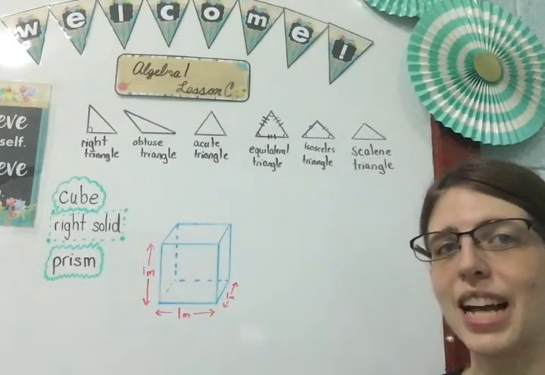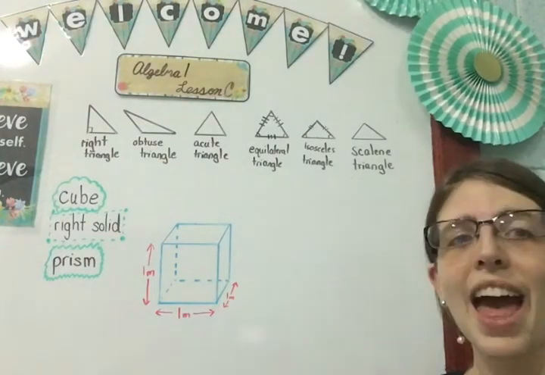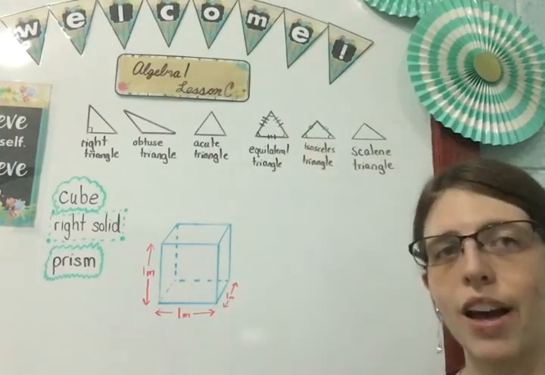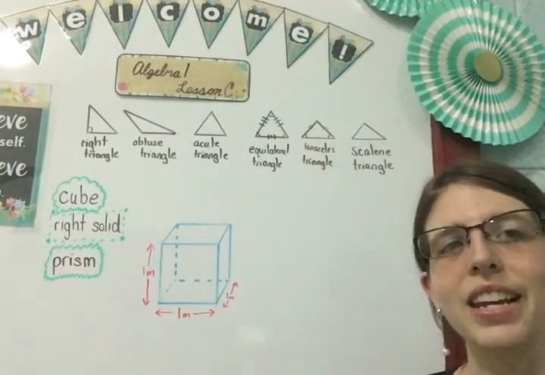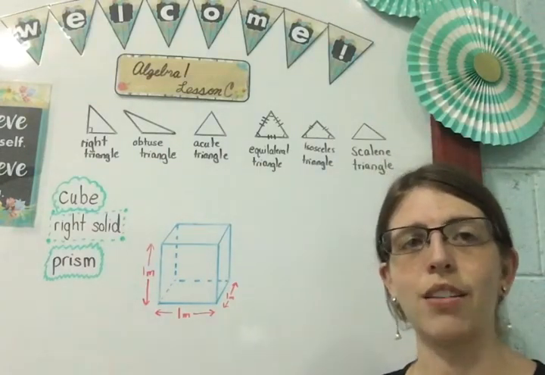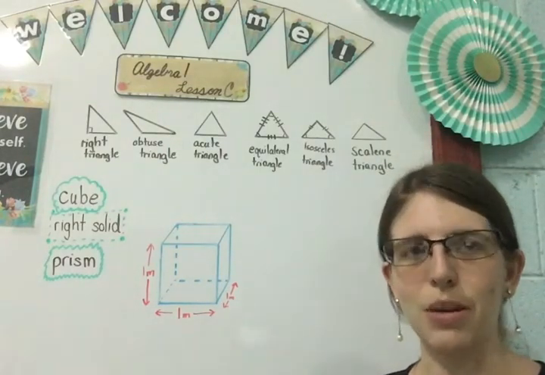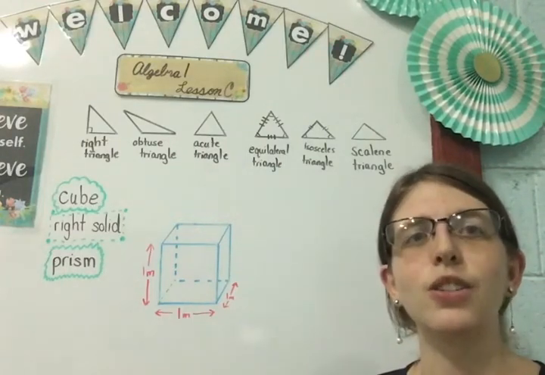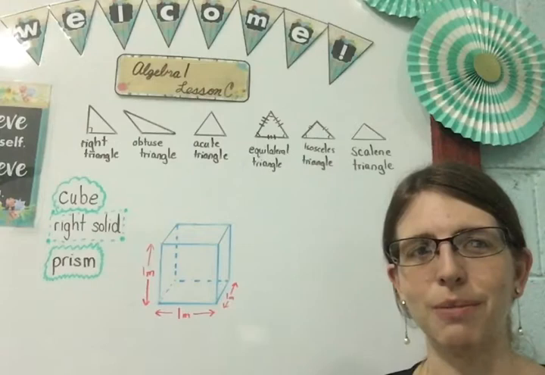So that's an isosceles triangle. And the last type of triangle is a scalene triangle. In a scalene triangle, none of the sides are equal, okay? Okay, great. So those are your types of triangles.